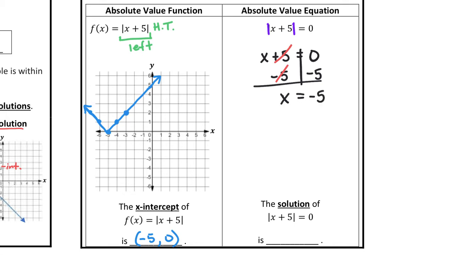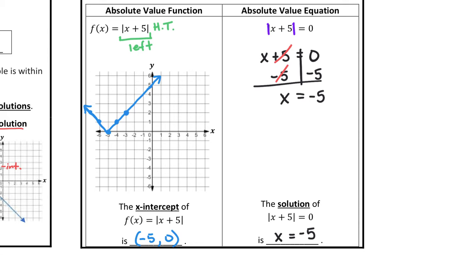So the solution over here is x equals -5. But this also matches the -5 that I got when I graphed it. So the graph shows me that I get an x-intercept at -5. The solution when the equation equals 0 is -5, which is the same value as the x-intercept.